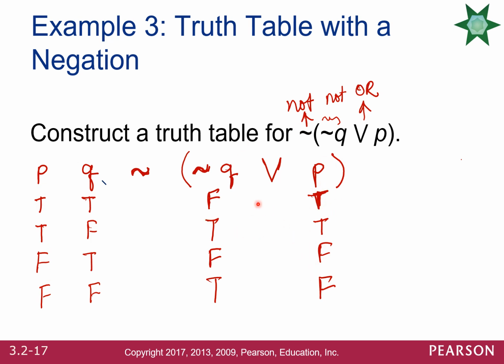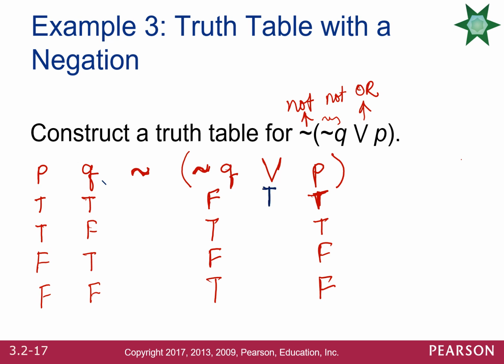But we have to now calculate what the disjunction does. Recall that for the OR, the only case where it will end up being a false is if both the statements are false. As long as one is a true, the result will be a true. So I'm going to use a different color now. I'm going to do this F and T. F and T will be a T. So I'm going to write the T here.